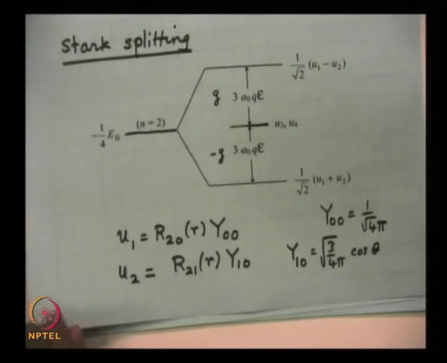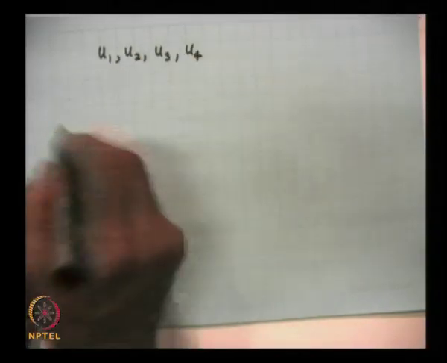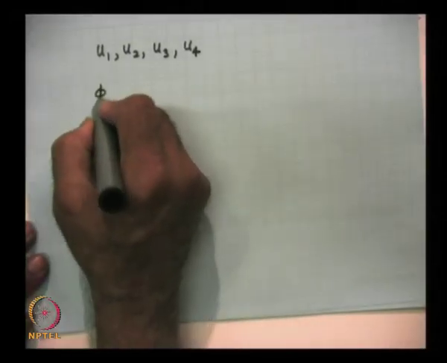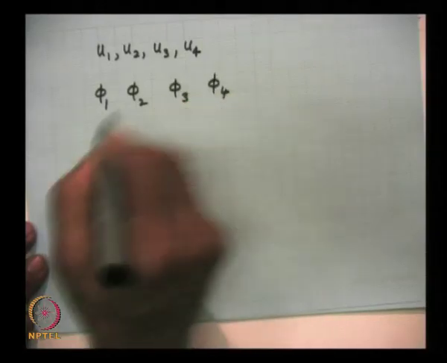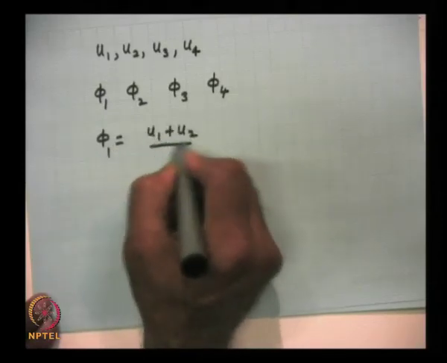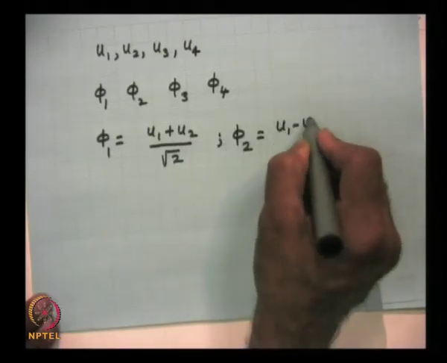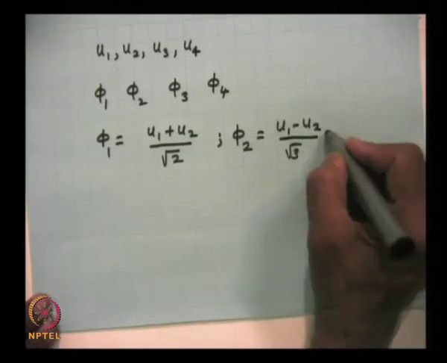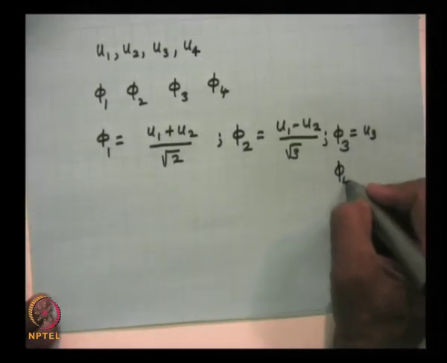Now, I leave it as an exercise for you that instead of u1, u2, u3, u4, you start with these wave functions phi 1, phi 2, phi 3, phi 4, where phi 1 is equal to u1 plus u2 by root 2, phi 2 is equal to u1 minus u2 by root 2, phi 3 is equal to u3 and phi 4 is equal to u4.